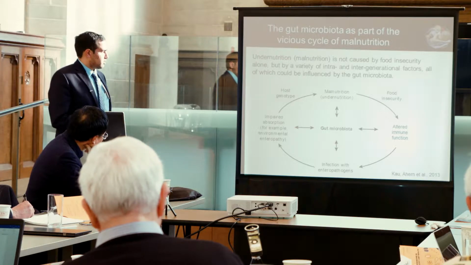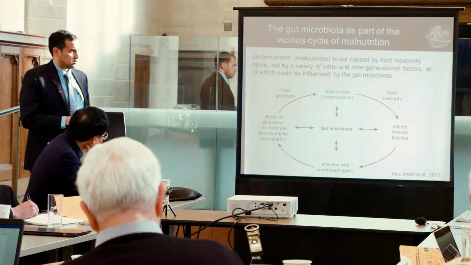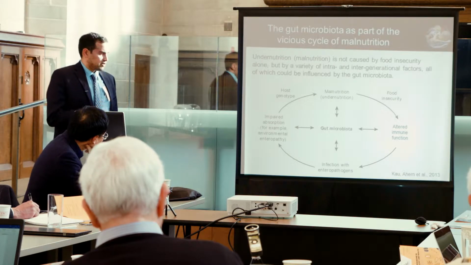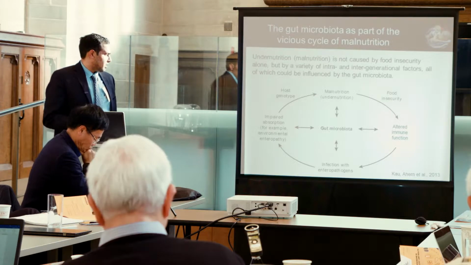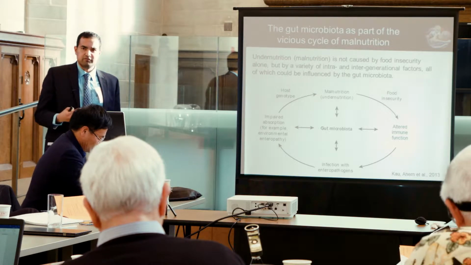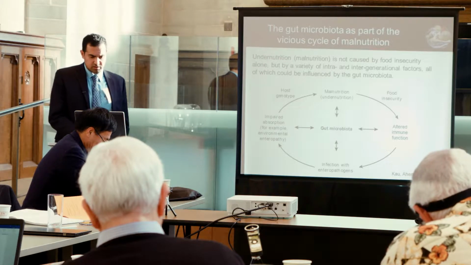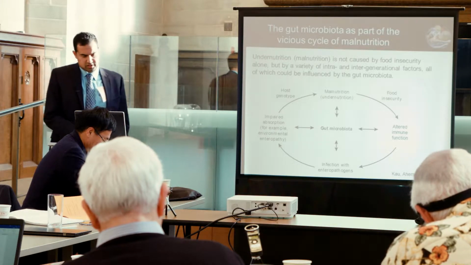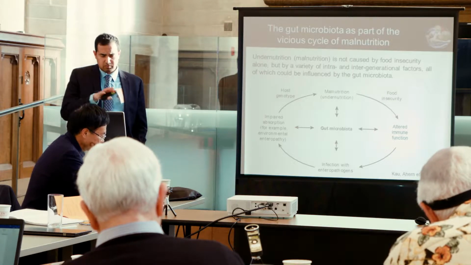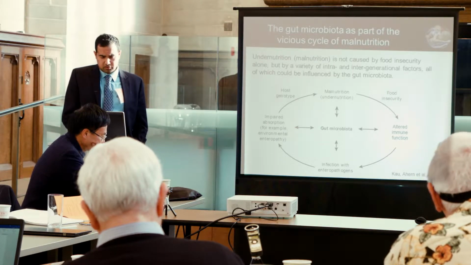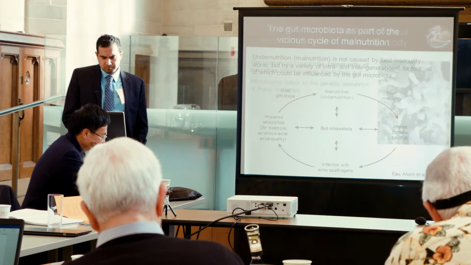So we know that food insecurity plays a role and that genotype could also play a role. But infection with enteropathogens, diarrheal disease, is a major contributor. Absorption, including conditions like environmental enteropathy, and of course, immune susceptibility to infections plays another role. So we think that the gut microbiota plays a multi-effect role that ultimately worsens malnutrition progression.